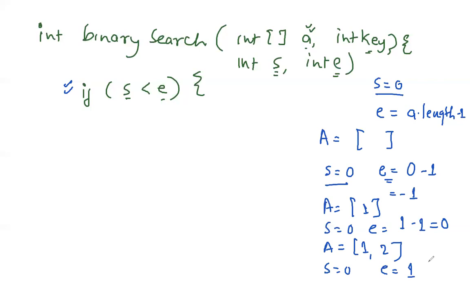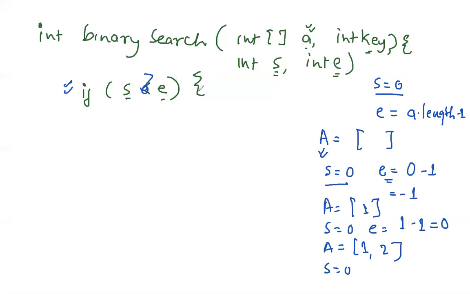What I said, you have to stop when the array is empty, right? So if start is less than end, that means you have more than one element, so you don't have to stop there. You have to stop when start is, sorry, greater than end. If start is greater than end, we already know that it's an empty array. That's what we understood from here.